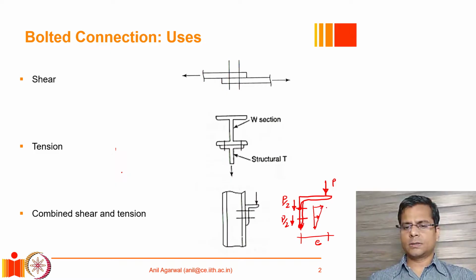And these individual forces, let's call them X and Y, in the horizontal direction will produce enough counter moment which will balance the total moment of P multiplied by E. So this way we can see that these bolts are not only subjected to a shear force of P divided by 2, but also an axial force of X or Y respectively.